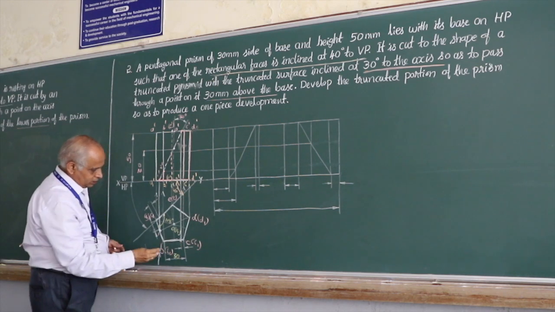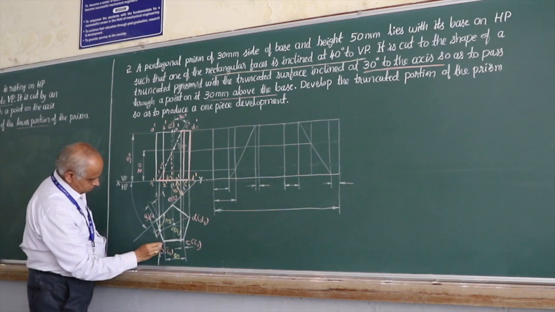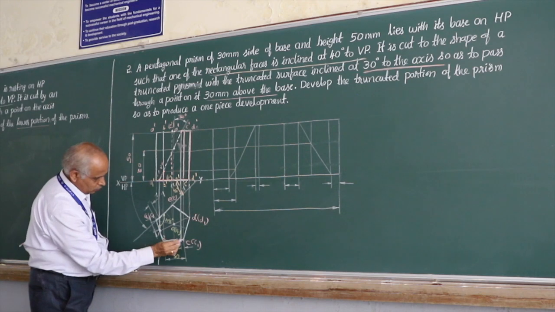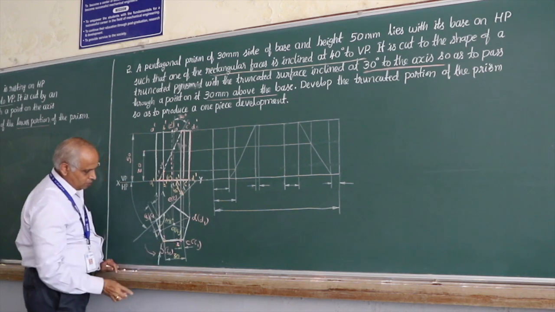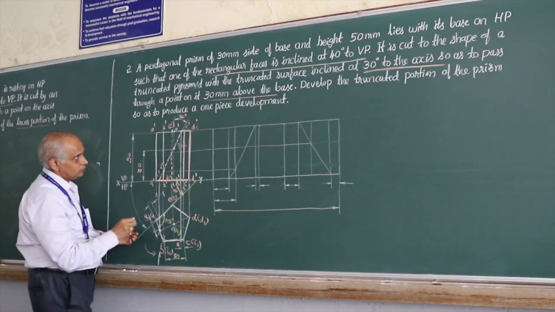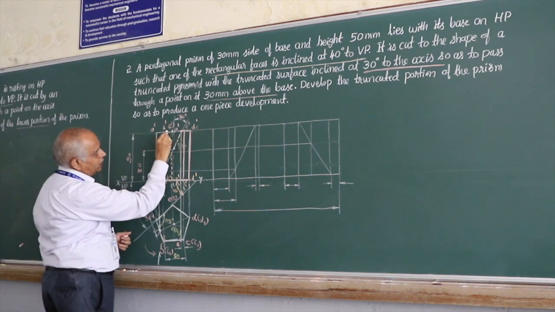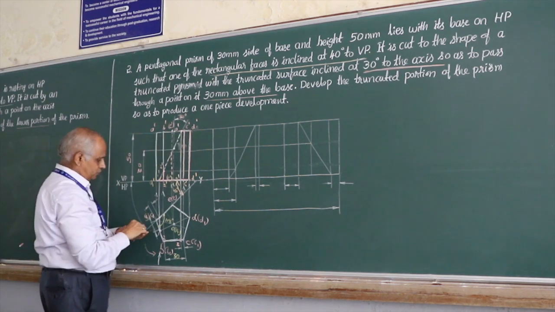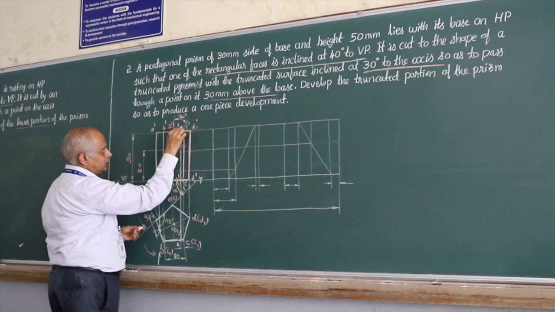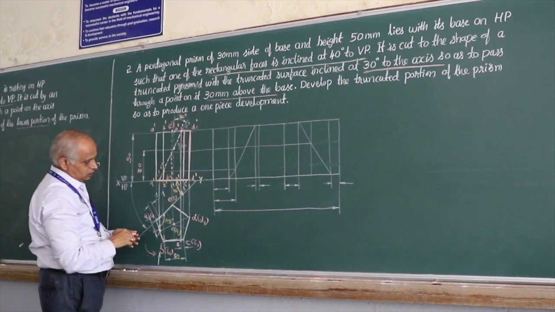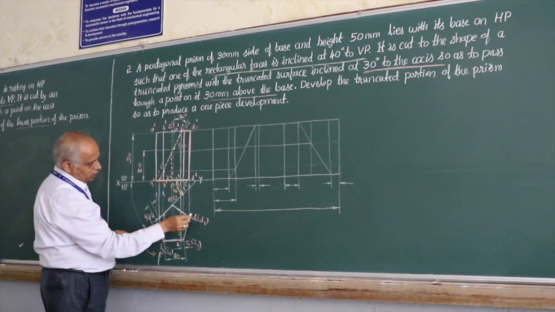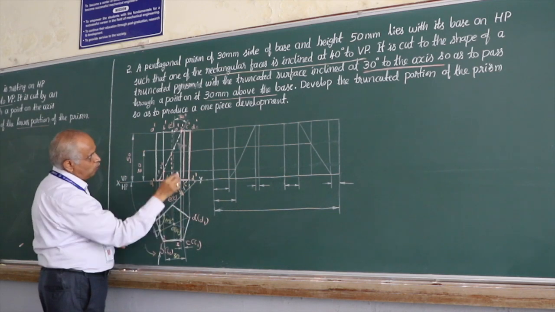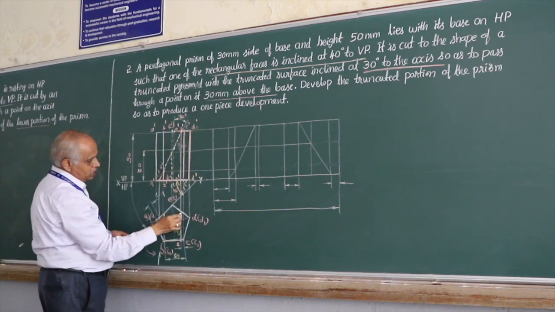Of course this is 2, and now this is 3. Remember 3 is on BC. So B to C is an edge here, and you get section point 3 here, and therefore this is 3 dash, visible.